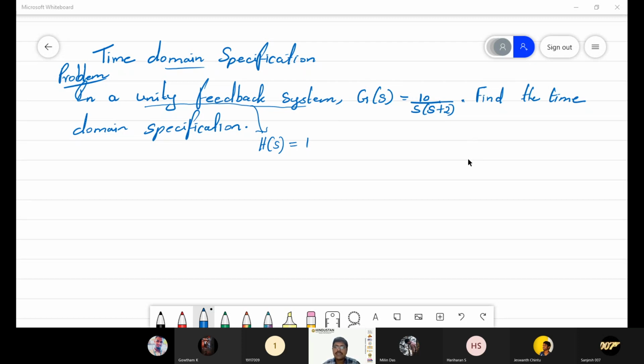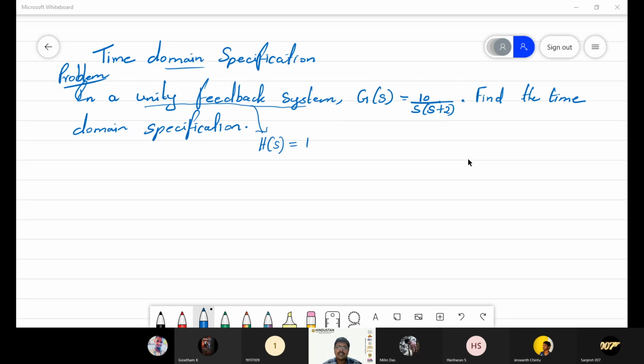You know that time domain specifications start from rise time, delay time, maximum overshoot, peak time, settling time, and so on. We are going to find all those values.